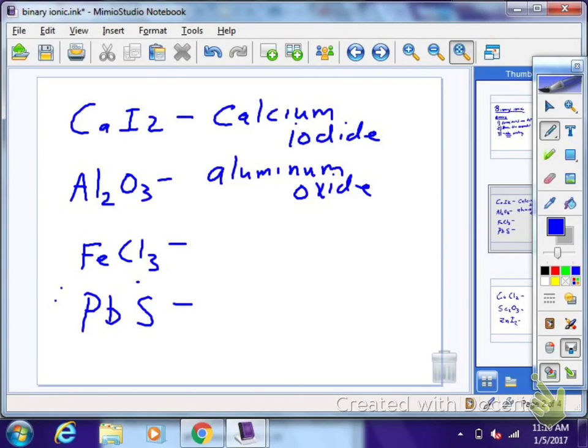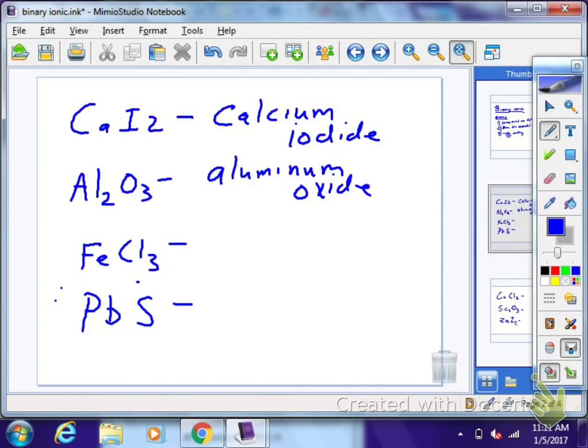So we look at iron, and iron can be a 2, 3, or 6. Well, we can't guess. So like in algebra, where you have to solve for x or solve for y, you know one of the values, so you can solve for the other value. So chloride we know. What's chloride's charge?